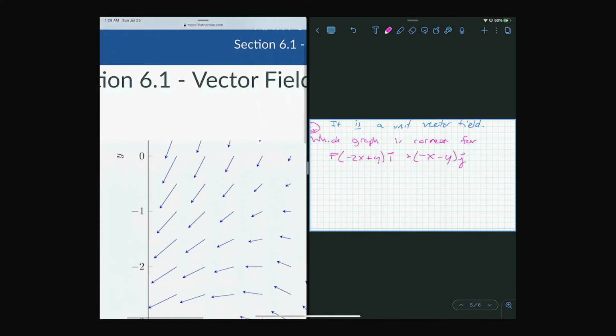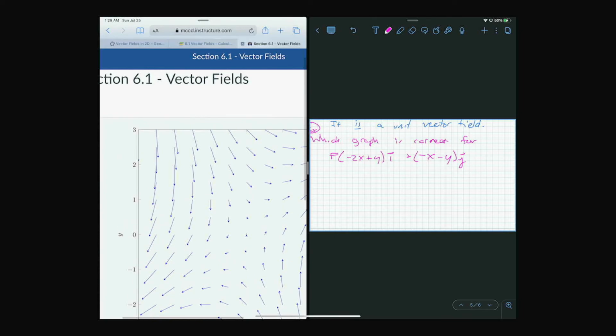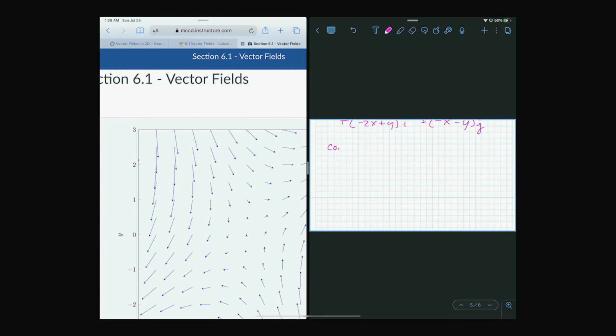So if you go to negative 3, positive 2, something like that, and calculate the vector, what do we get? Let's just compute f of, let's say, negative 3, positive 2. Or even 2, 2. 2, 2 is going to be easier to find. Let's do negative 2, positive 2.